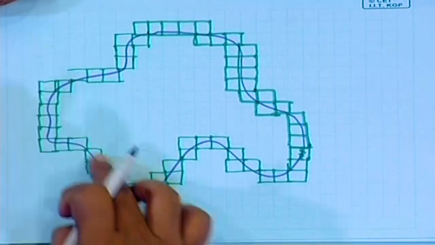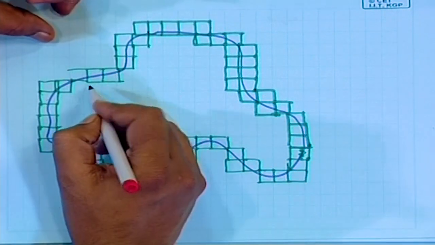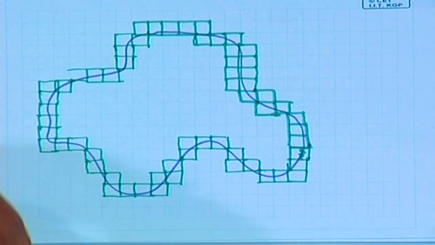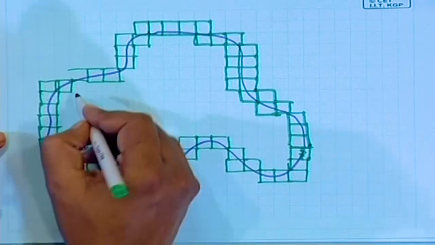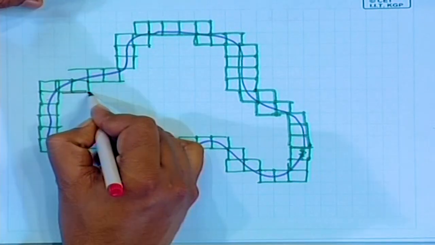Once I have this set of concatenated cells, I can define something like an inner boundary and an outer boundary. This cell will also be there. My inner boundary will be this one.